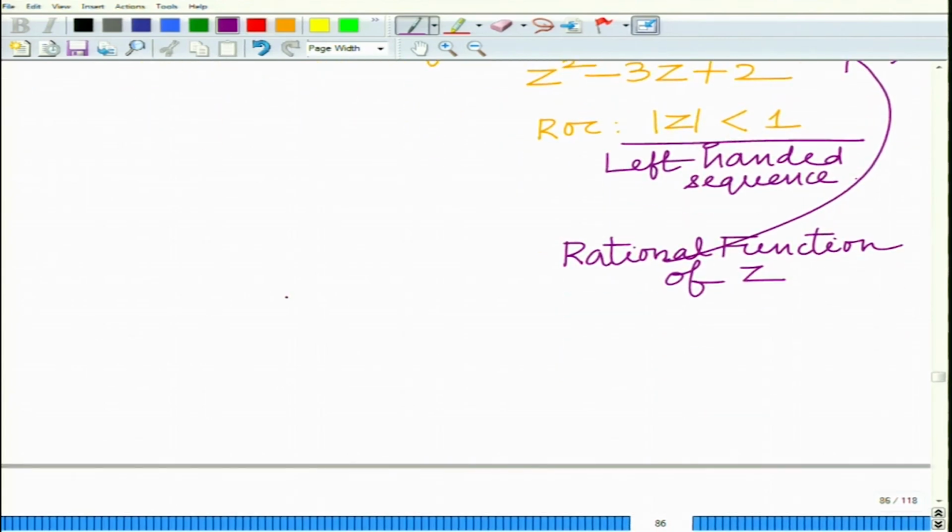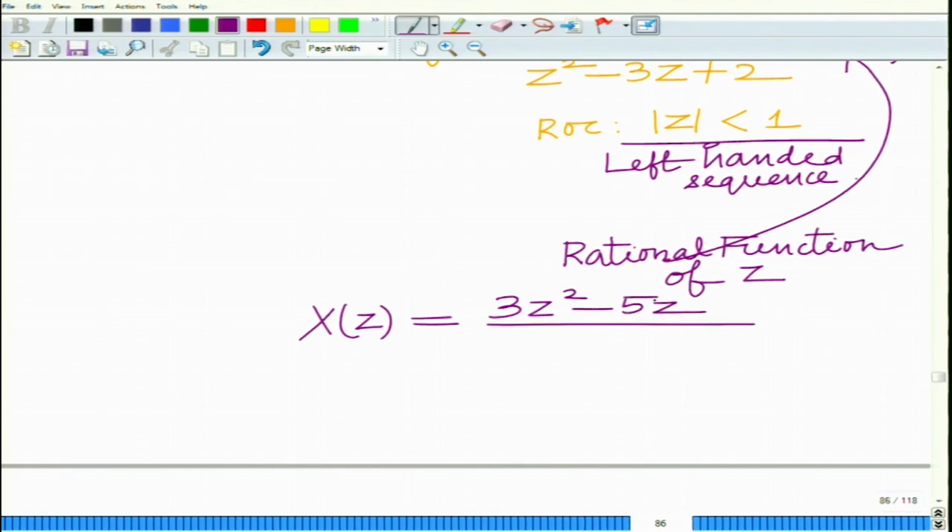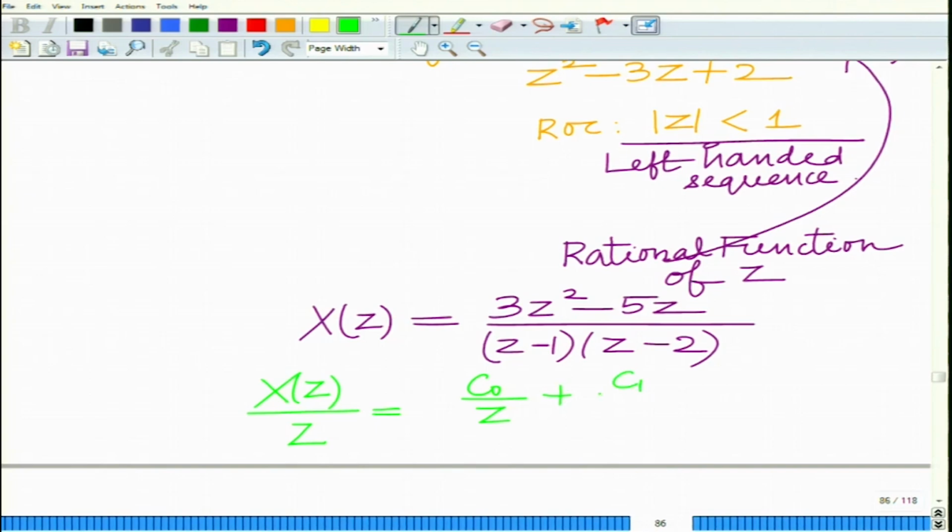I can express X(z), remember we have X(z) equals (3z² minus 5z) divided by (z minus 1) into (z minus 2). I can express this as follows. Now, remember we said X(z) over z can be expressed as the partial fraction expansion of the form c0 over z plus c1 over z minus 1 plus c2 over z minus 2.